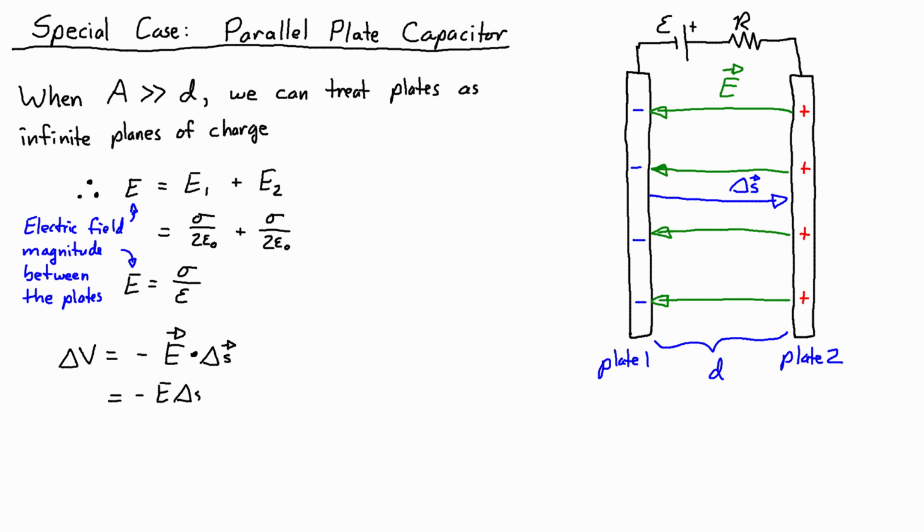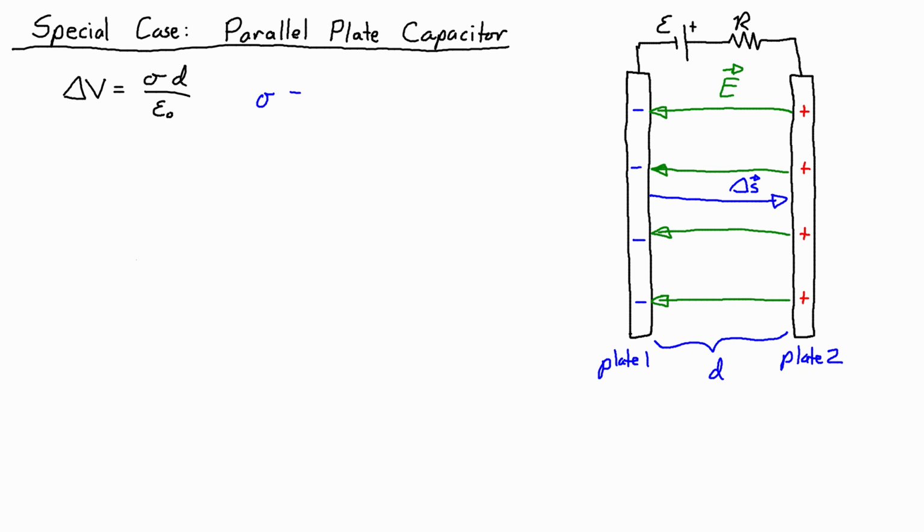So I have E times delta S times cosine of the angle between E and delta S, and that works out to negative sigma over epsilon naught times d, because the distance is d, times cosine of 180 degrees. Cosine of 180 degrees gives negative 1, so the negatives cancel out, and I get delta V from the negative plate to the positive plate is equal to sigma times d divided by epsilon naught.